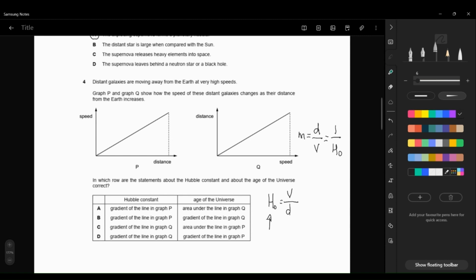So, the age of the universe is determined by the gradient of graph Q, and the Hubble constant is determined by the gradient of graph P. So the correct answer will be B. Hubble constant, gradient of the line in graph P, age of the universe, the gradient of the line in graph Q.